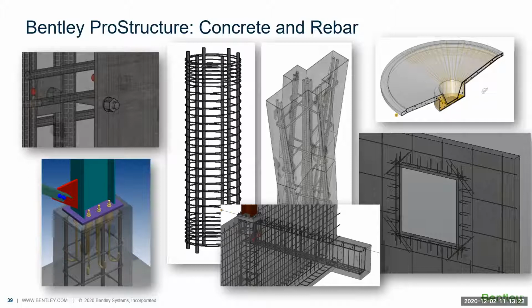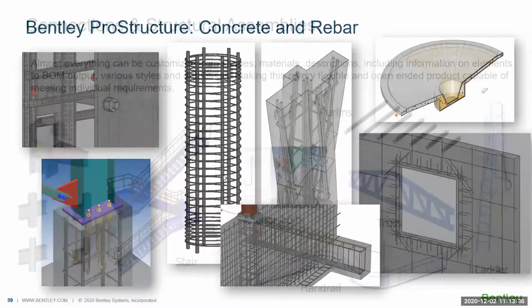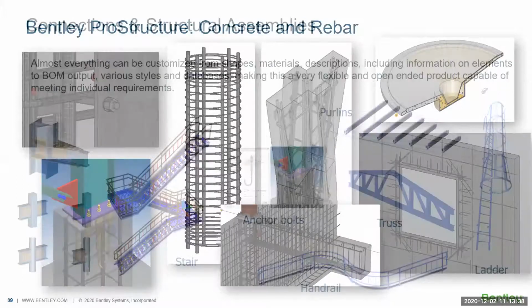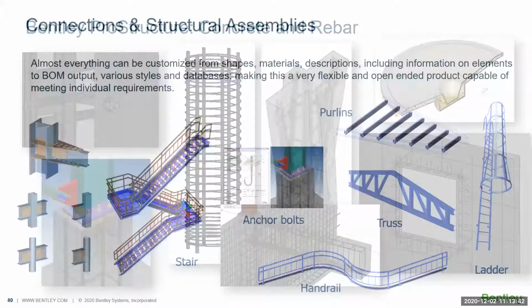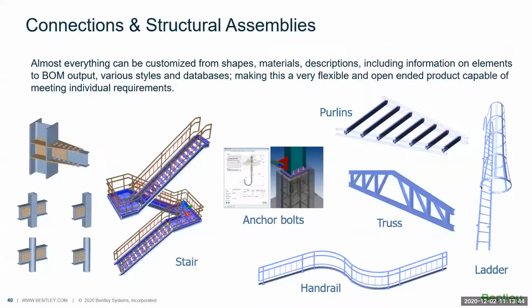So the model can continue to be used to design the rebar or the reinforcement. You can do the concrete, do your bar design, and create the drawings as well. These tools also provide steel assemblies, like the stair, the handrail, the truss, and the ladder, and also quite detailed steel joints. It can provide those and help you calculate.